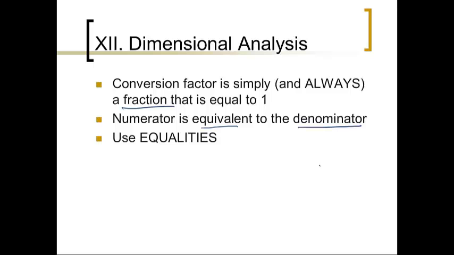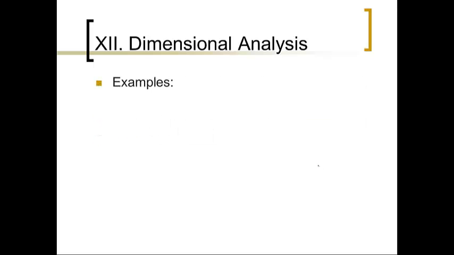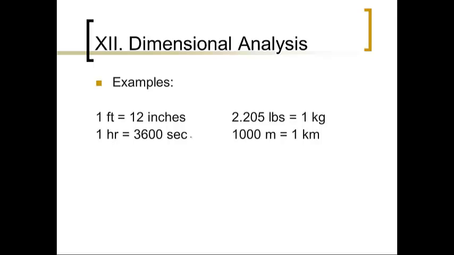You use equalities. So, some common equalities: 1 foot equals 12 inches, 1 hour equals 3,600 seconds, etc. In other words, as a conversion factor, I can put feet on top, inches on the bottom, and make sure the top is equal to the bottom. 1 foot is equal to 12 inches. Or I could also say inches on top, feet on the bottom.